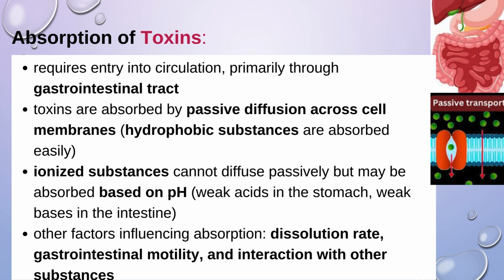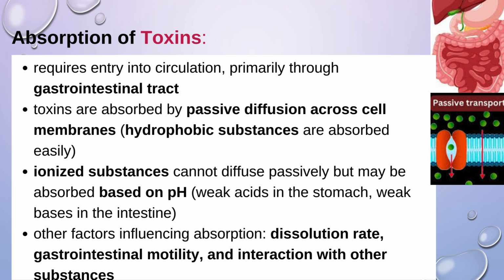Now, absorption of toxins. Toxins need entry into the circulation, primarily through the GIT, and absorption happens through passive diffusion. Hydrophobic, lipid-soluble substances are easily absorbed as compared to water-based substances.